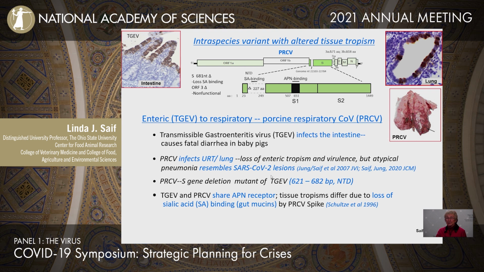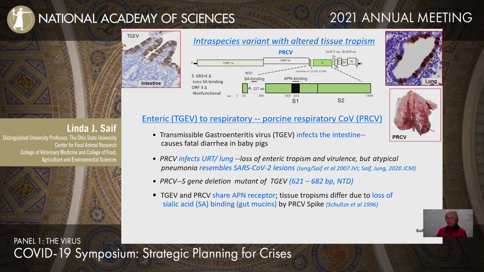So TGE infects the intestine, it infects virtually 100% of the villus enterocytes, and it can cause fatal diarrhea in baby pigs. On the other hand, this variant, the porcine respiratory coronavirus, infects the upper respiratory tract and the lung. It's a loss of enteric tropism and the high virulence, but it causes an atypical pneumonia similar to that seen with SARS coronavirus 2.